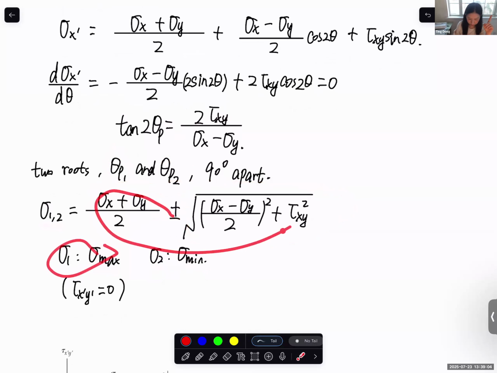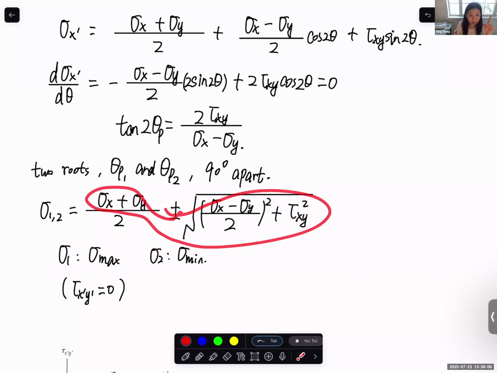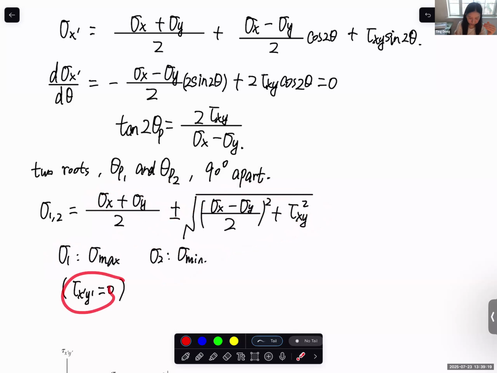If you use negative, minus this positive value, it becomes the minimum, sigma 2. So this is how we find the principal stresses. And of course, you plug this theta p into the shear stress equation, you get 0.